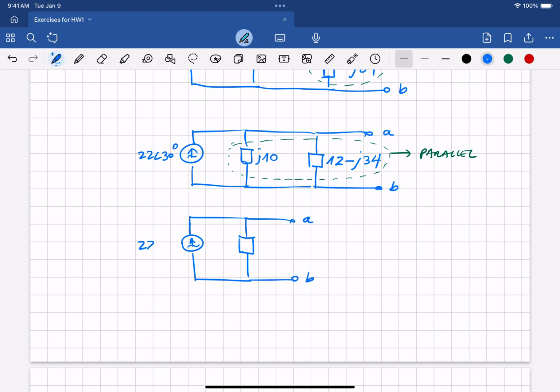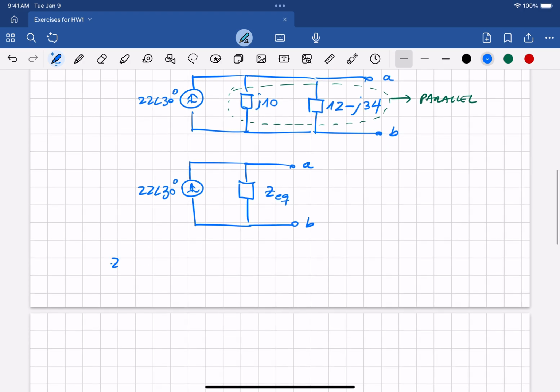A and B still have 22 angle 30. And the parallel here, I'm going to put it here, C equivalent, will be calculated as if you would have two resistors, right?